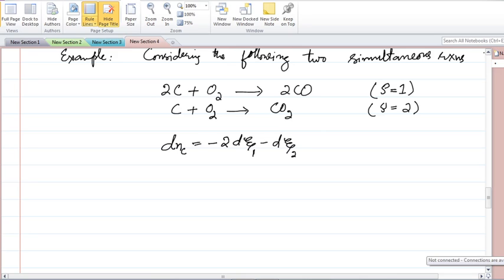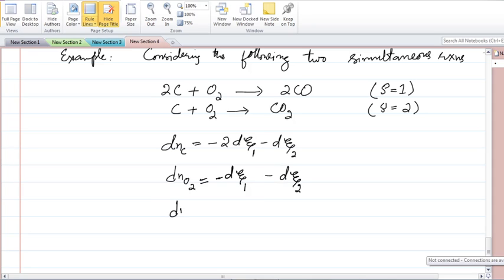Similarly, for O2, it is on the reactant side, so we will write minus d zeta 1, minus, here also on the reactant side and its coefficient is 1, so minus d zeta 2.